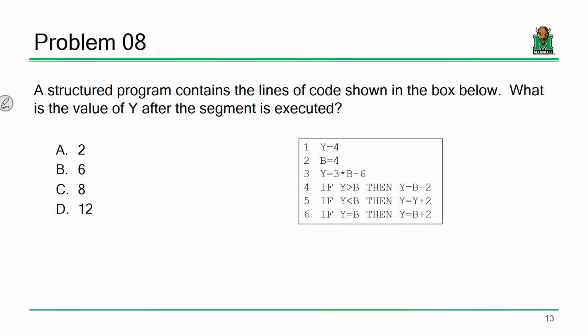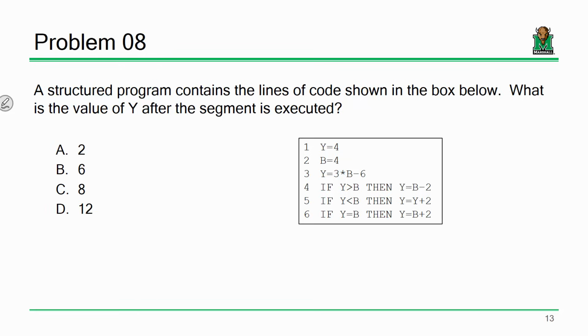Okay? So here's a programming question. We have a structured program that contains the lines of code that are shown in that box. And the question is, what is the value of y after the segment is executed? Now, the thing with structured programming on this exam is follow it line by line.